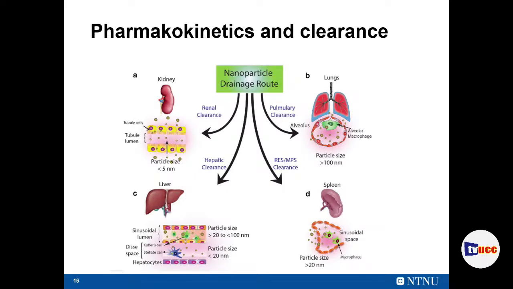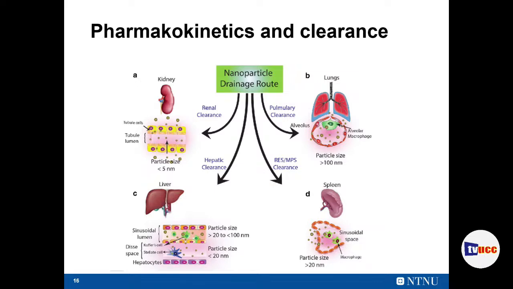So a little bit about the pharmacokinetics and the clearance. The route of clearance depends very much on the size of the nanoparticle. If you have very small nanoparticles, less than 5 nanometers, they will be secreted through the kidney. But most nanoparticles are between 20 and 100 nanometers, so they will be taken up by some specific cells in the liver and then be removed from the liver.